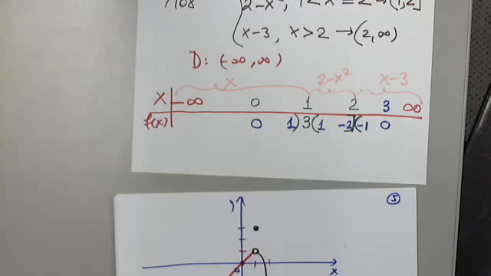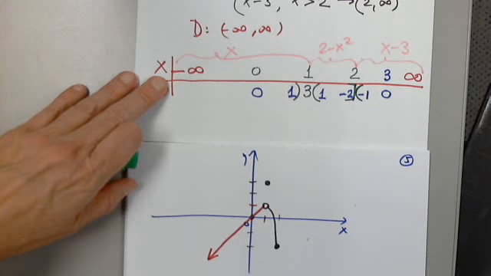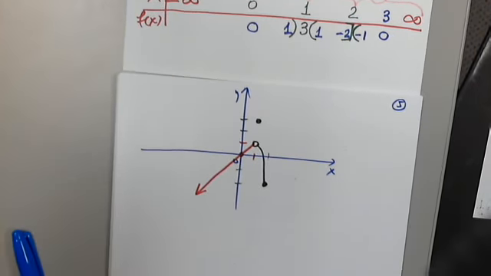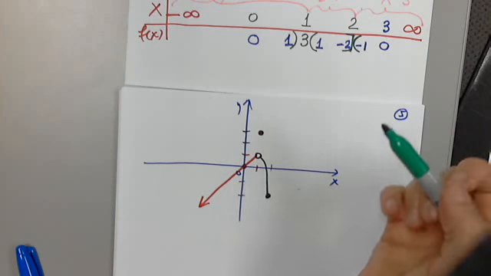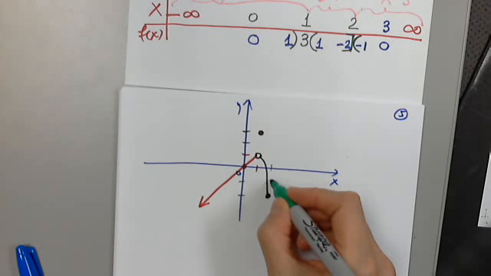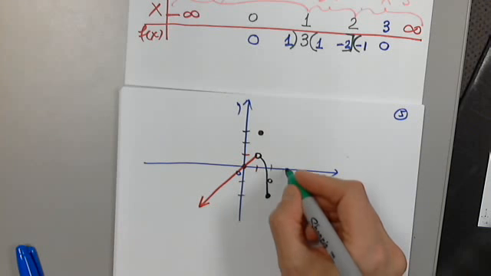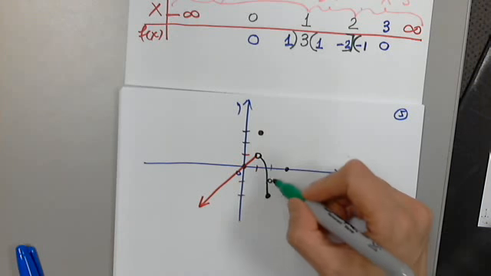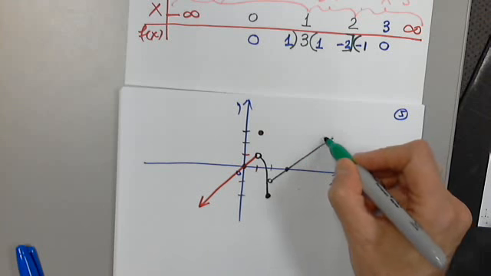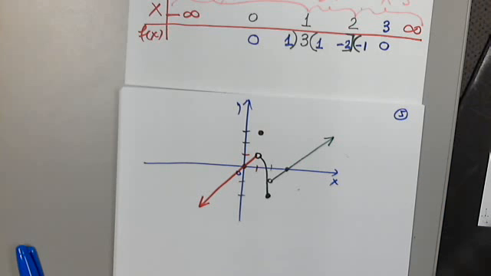Not a straight line. Okay, very good. Next. 2, negative 1. Open point. And then 3, 0. Straight line with a positive slope. And this is the graph of the piecewise defined function.